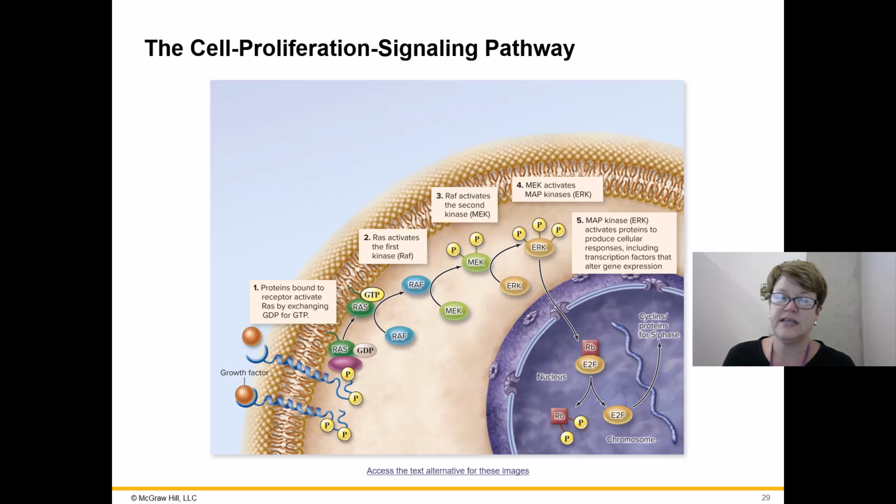And so it's actually surprising to me sometimes that we don't have cancer more often, because there are so many genes that are involved in keeping the cells normal in terms of the cell cycle. So that is all I have for you guys.